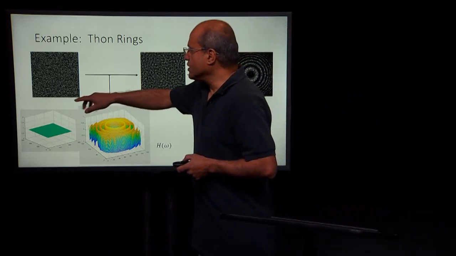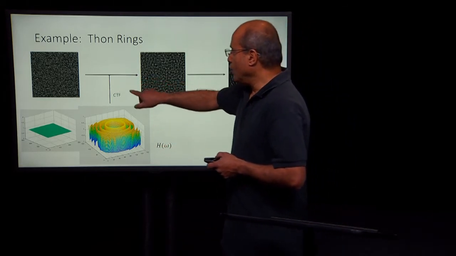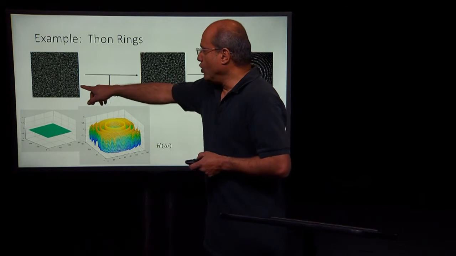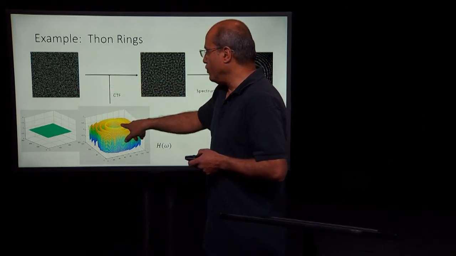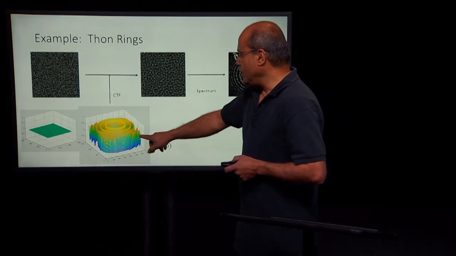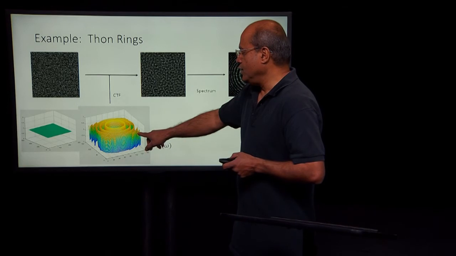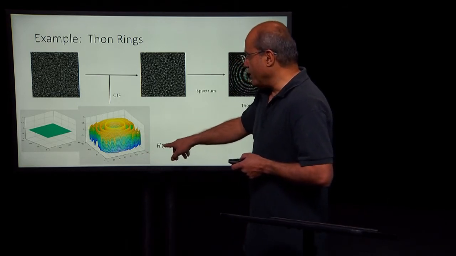If you now put this graphite plate in a microscope and take an image, the image you get is going to be this graphite plate convolved with the contrast transfer function of the microscope. This is the contrast transfer function in the Fourier domain, so this is h of omega.